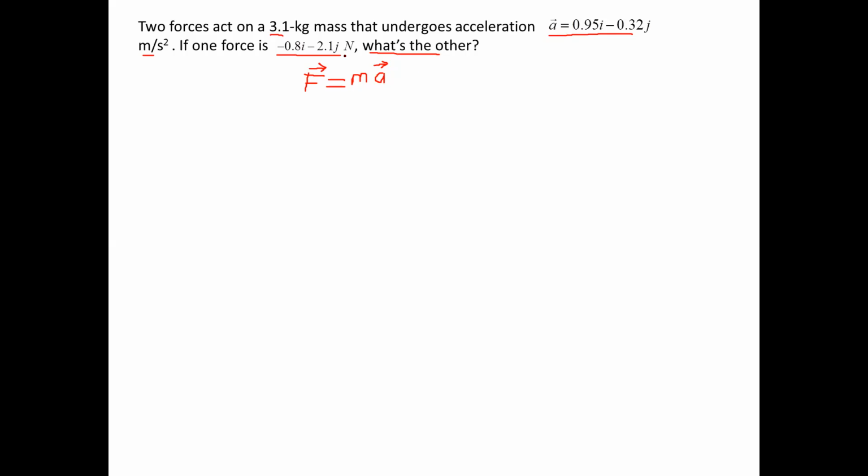For this question, mass is given as 3.1 kilogram, and the acceleration is this vector. This force is actually the resultant vector of two forces. One force is given, and you will find the other. We can write F1 plus F2 equal to this force, and you will find F2.